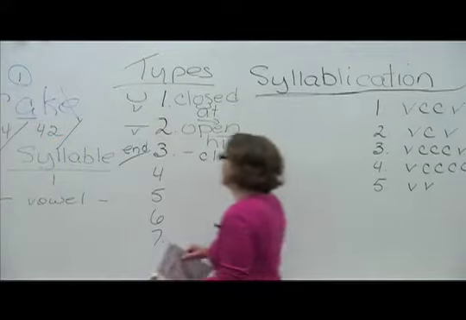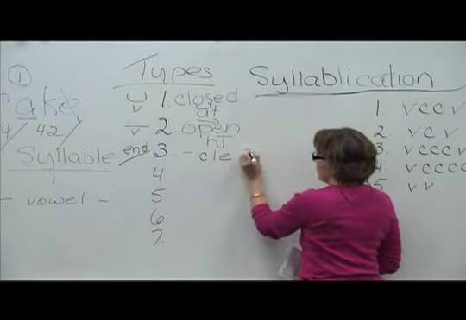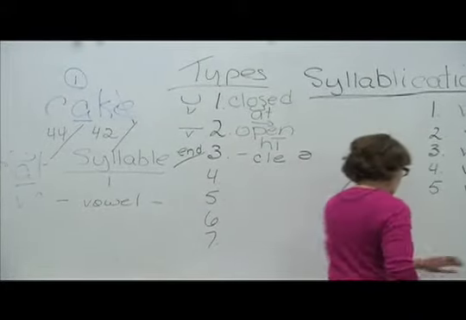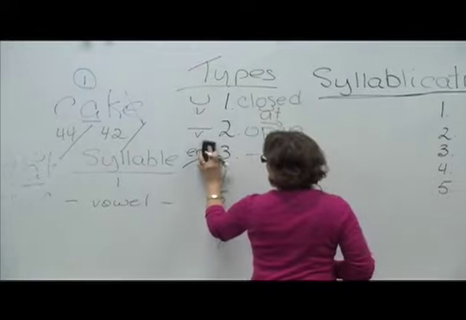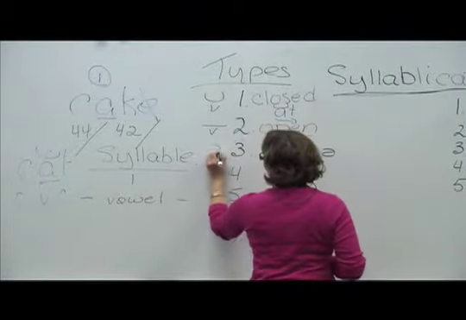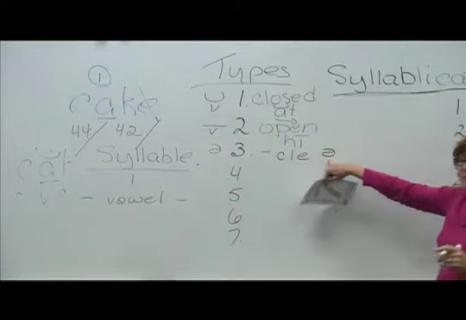Here's one of those oddity sounds. And this is the sound of this little figure. And I'm going to put it over here because it represents its diacritical mark. And that is what we call a schwa. That's the symbol for schwa.